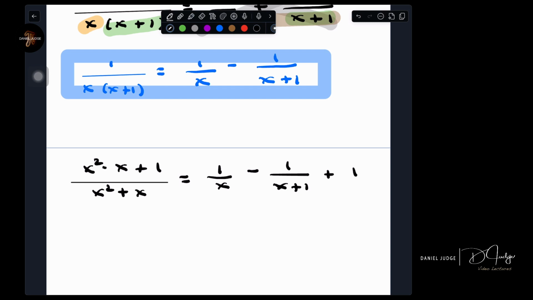Keep the constant 1 either before or after. It simply does not matter.